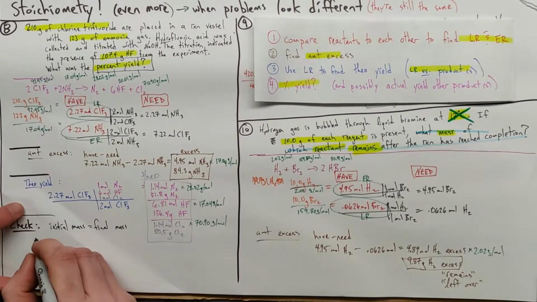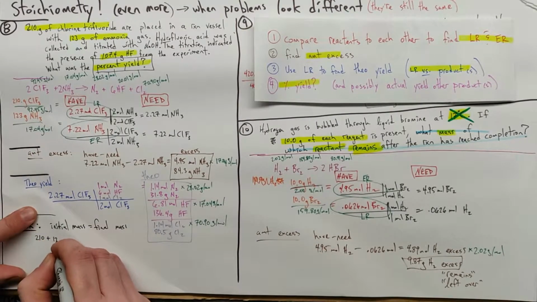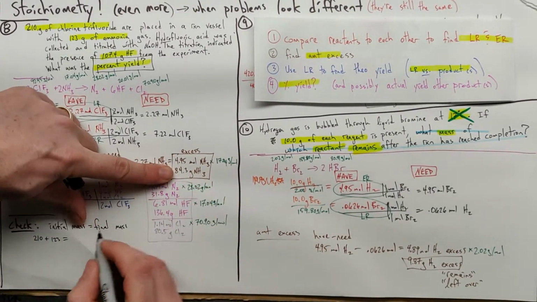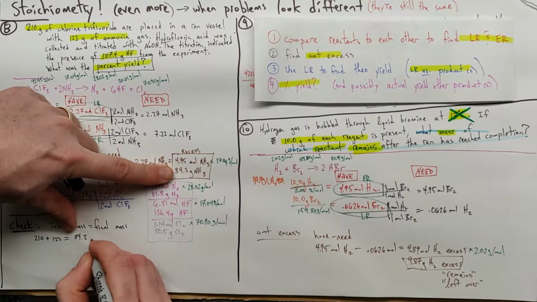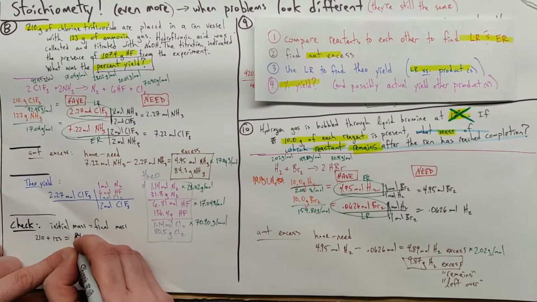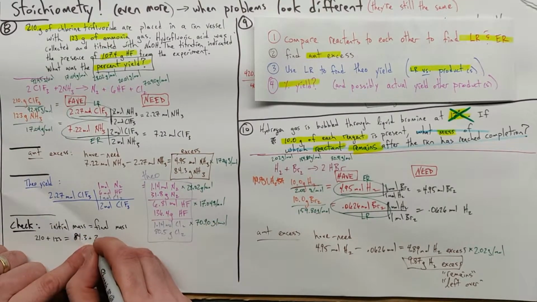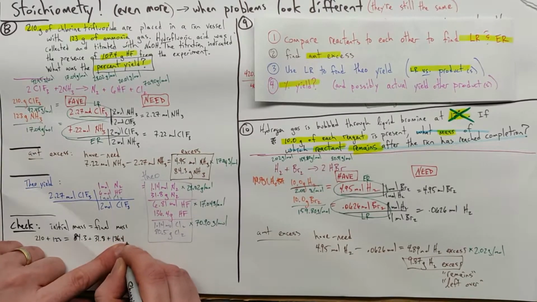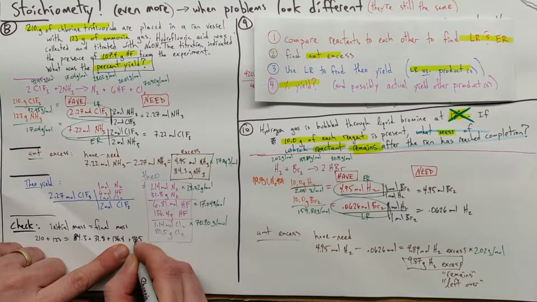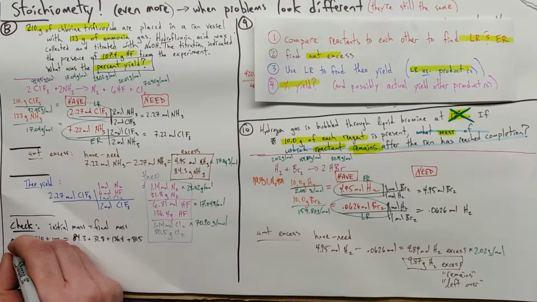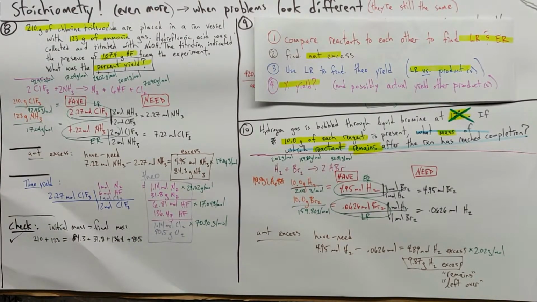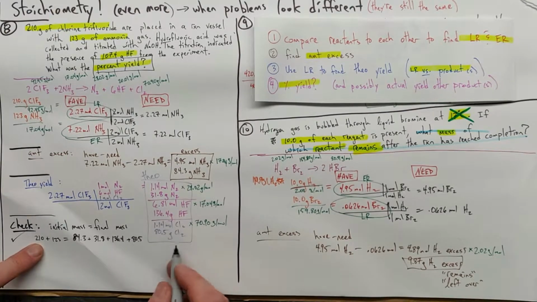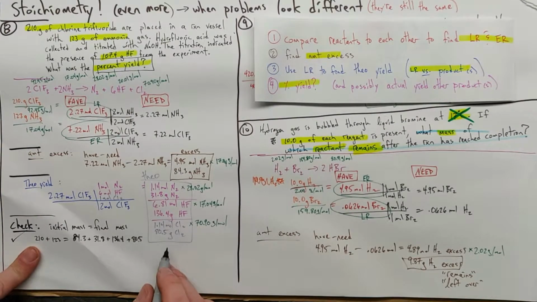And in the beginning we had 210 plus 123, and in the end we had 84.3 and 31.8 and 136.4 and 80.5. All right, and it looks like that does check out for us right there as 333 grams on both sides, or close enough anyway.